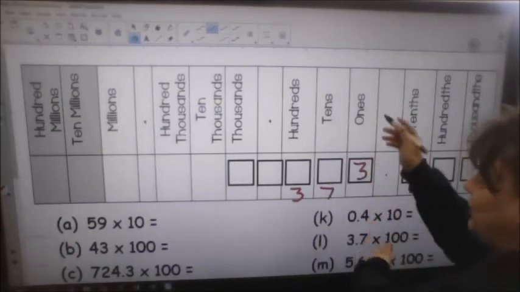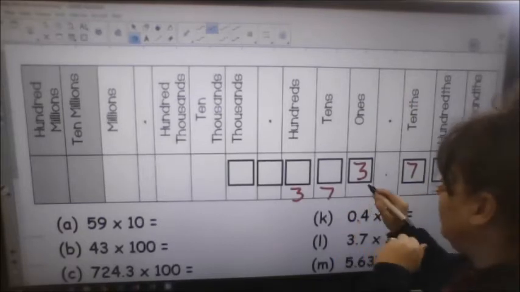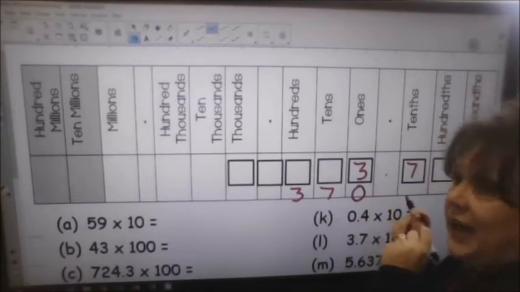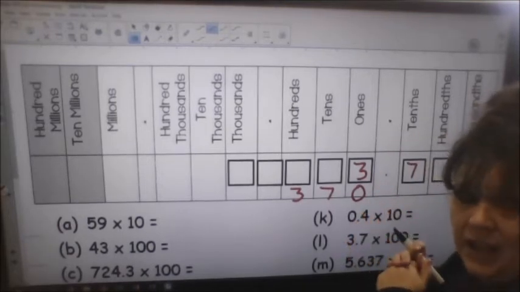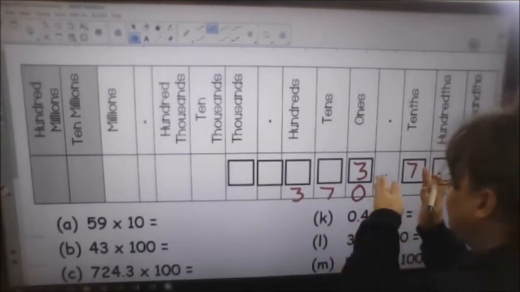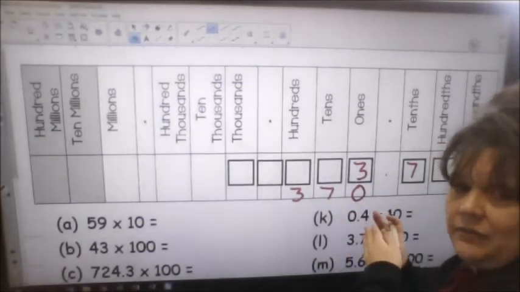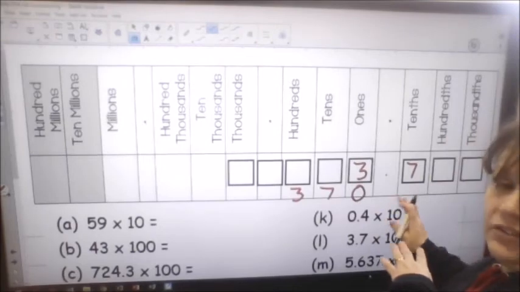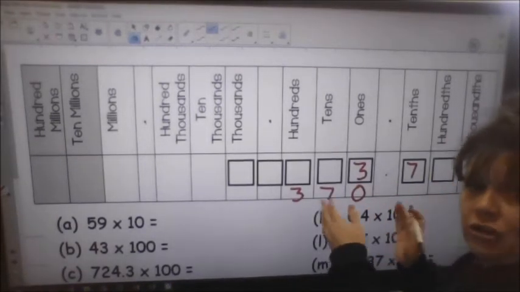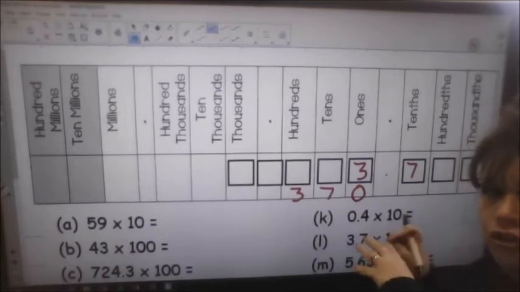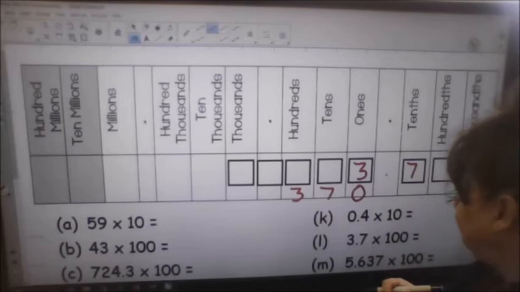Now you'll notice I've got a gap here. I've got no 1s, so I've got to put a 0 to tell me I have no 1s. I can't leave that part empty. So 3.7 times 100 becomes 370. And again, I don't need to put the decimal point there because I've got nothing coming after it. So I can just leave it as 370, just like the 4.